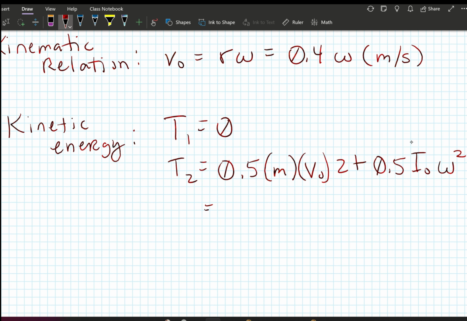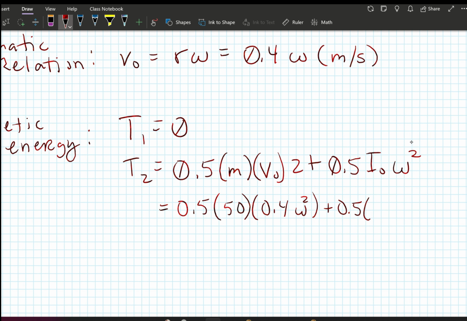All right, now let's take it a little bit further, and then we'll have 0.5 times 50 times (0.4 omega) squared plus 0.5 times 50 times 0.3 squared omega squared. And then we can go ahead and find T sub 2 to be 6.25 omega squared. You can do all the work in between.